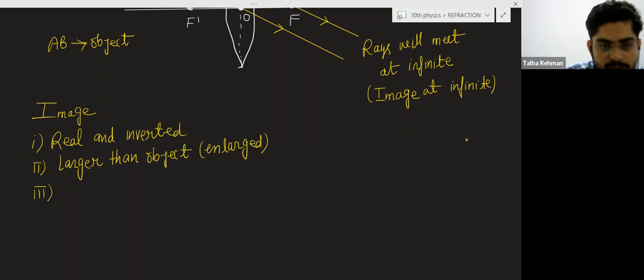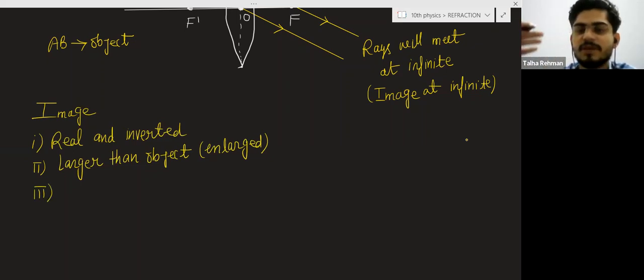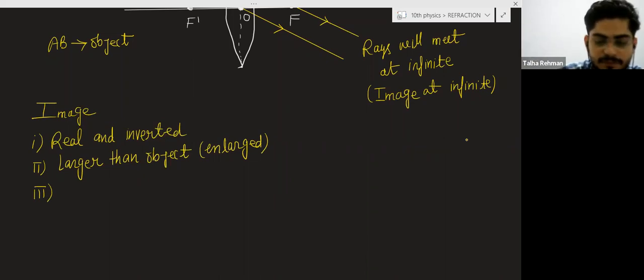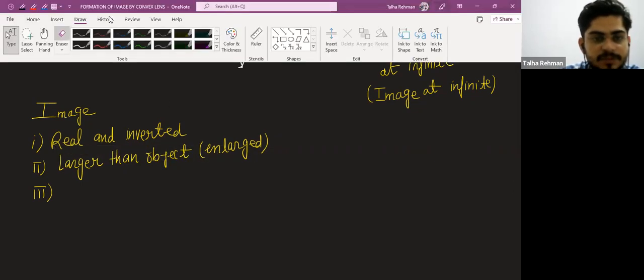Third point is location of the image. Location of the image means where the image is forming. The image is forming at infinite. Here the image will be formed highly enlarged.